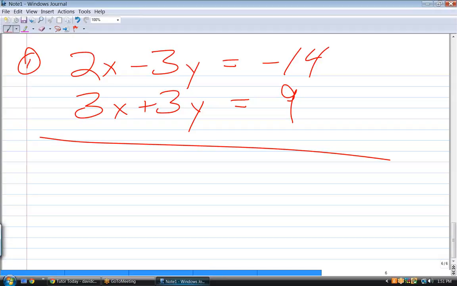Can I either add or subtract the two equations and eliminate one of the variables? You could eliminate the y. You could just add. In other words, if I add those two equations, what do I get? How many x? 5x. How many y? 0. And how much number?